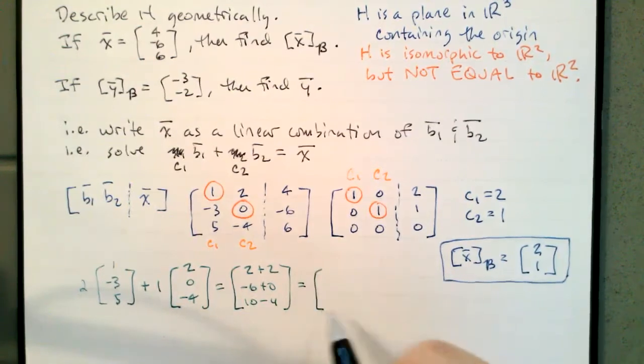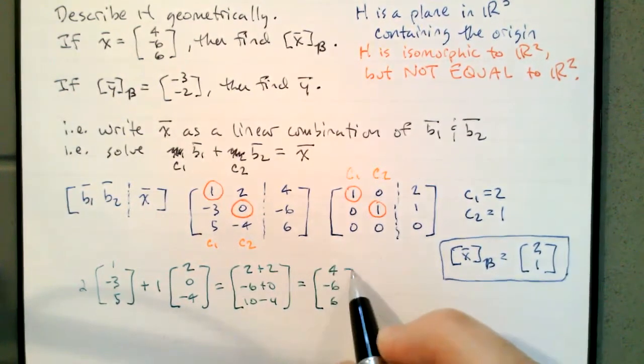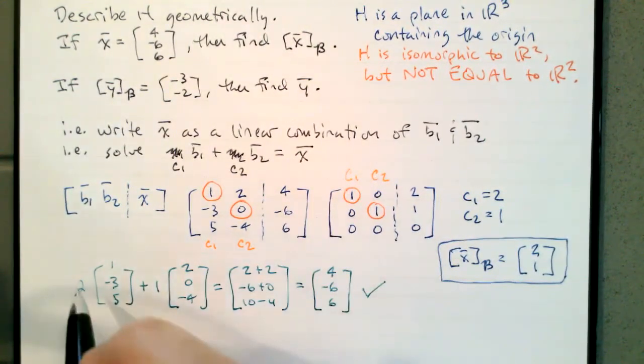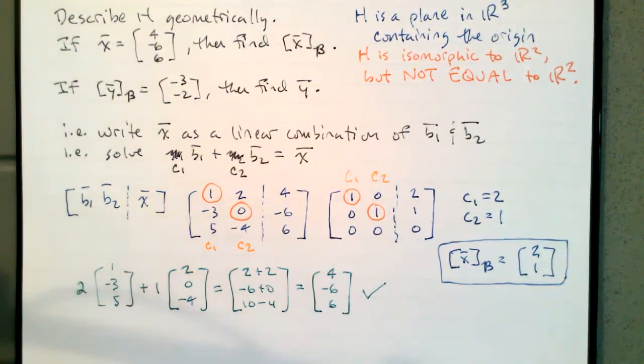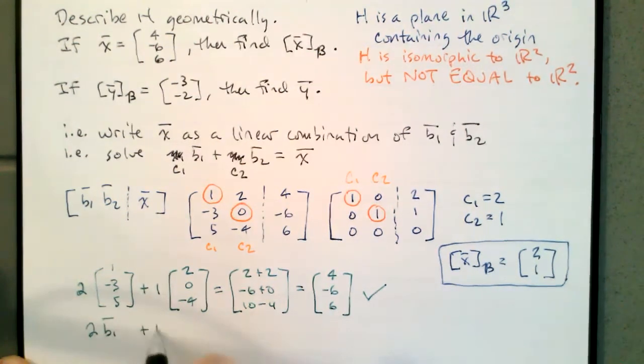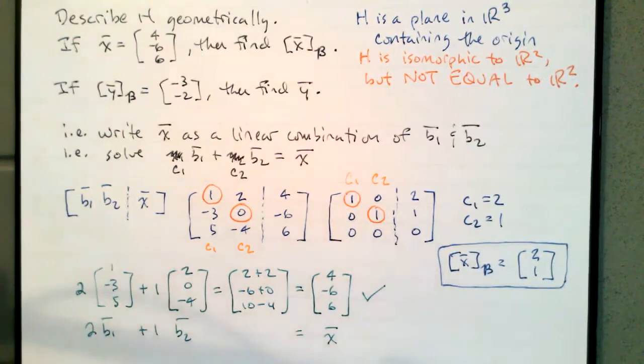So I get 4, -6, 6. So this checks out. Here we are checking that this linear combination, 2b1 plus 1b2, is equal to x.